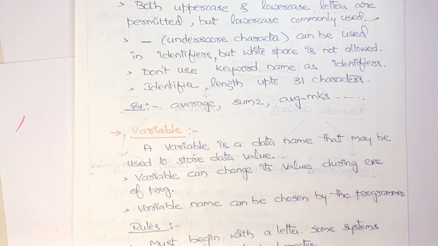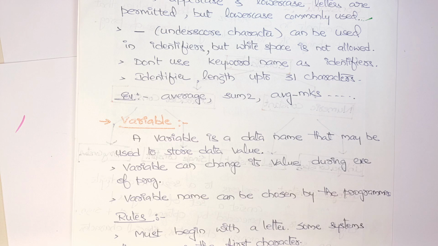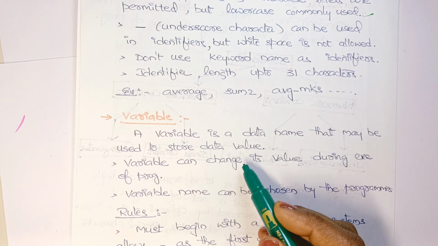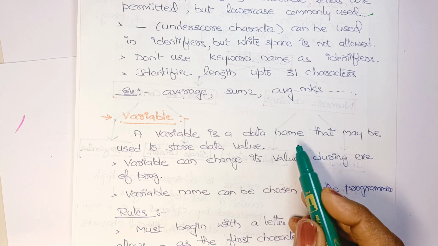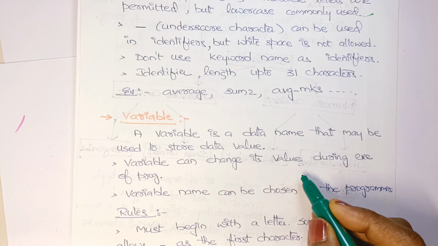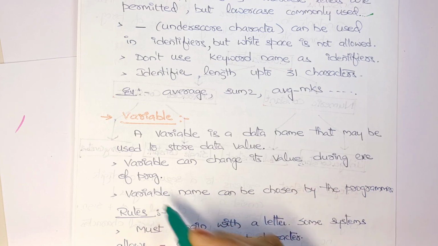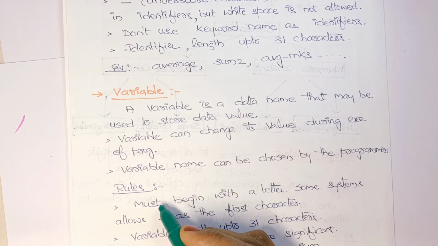Next, variable. A variable is a data name that may be used to store a data value. A variable is any name which is used to store a data value. A variable can change its value during the execution of a program. The variable name can be chosen by the programmer.